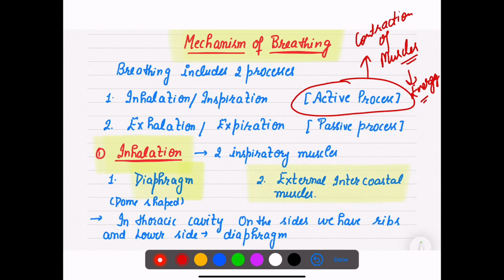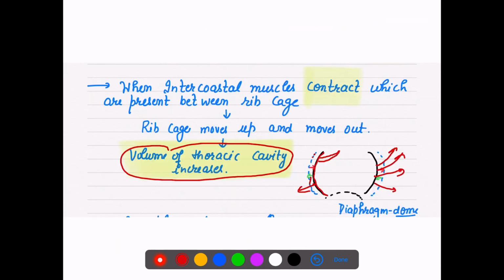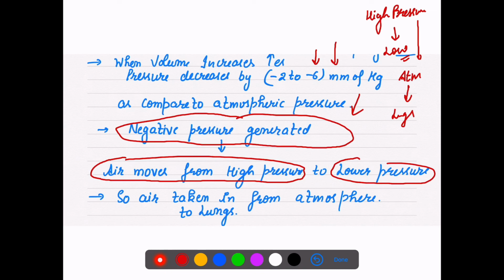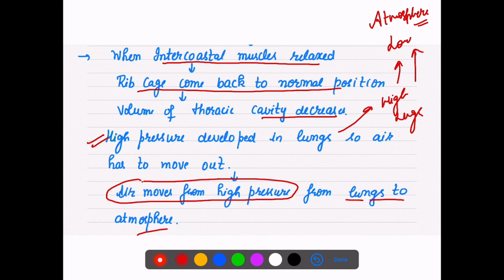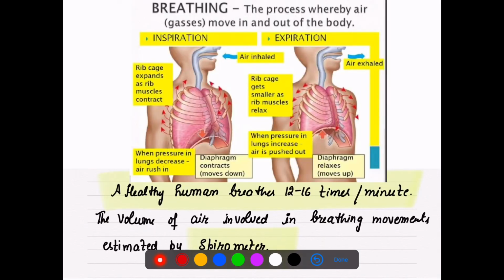That is why we say inhalation is an active process, and exhalation, where everything is relaxed and you don't need any energy, is a passive process. So exhalation is clear to you: when the intercostal muscles relax, they come back to their normal position, volume decreases, pressure increases, and due to the pressure increase the air is exhaled out.